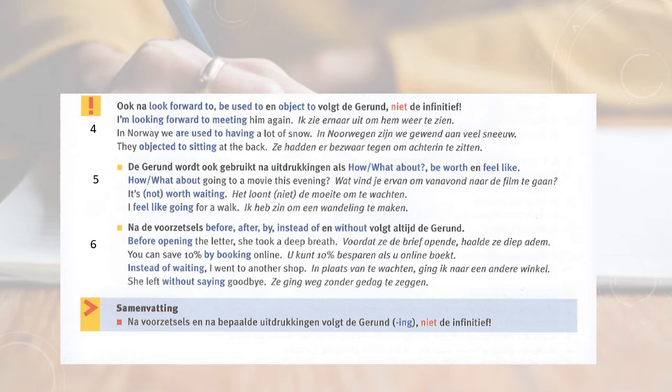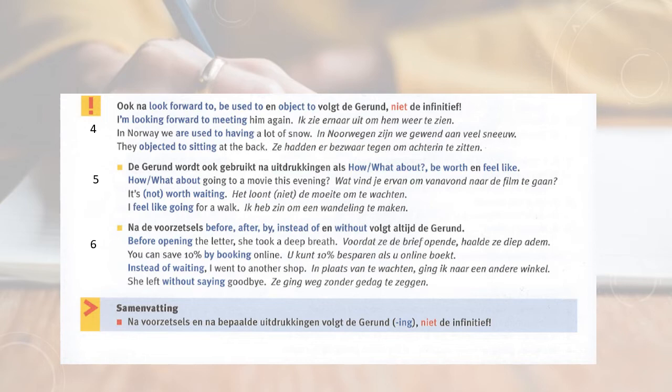And in number 6, you see the prepositions before, after, by, instead of, and without. So in number 1, 2, and 3, we saw that prepositions are very likely to be placed with, for example, a verb or a noun or an adjective. But here we have single prepositions, like we just have before, we just have by, we just have instead. It's not placed with a noun or an adjective or a verb.